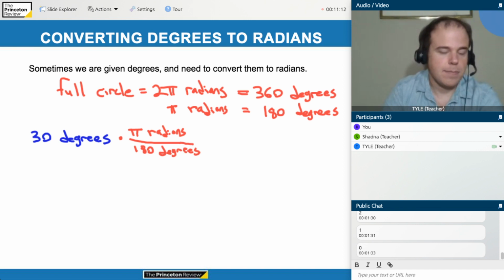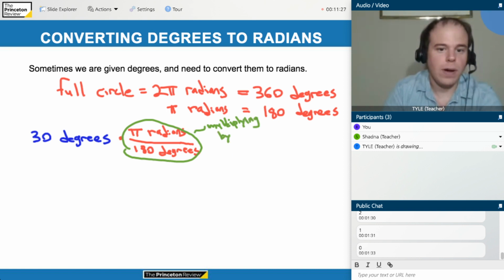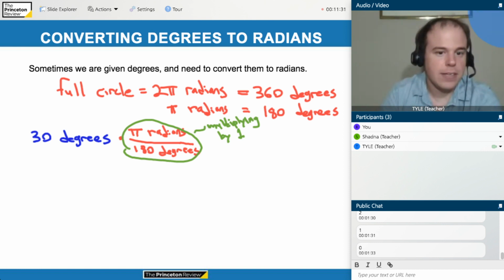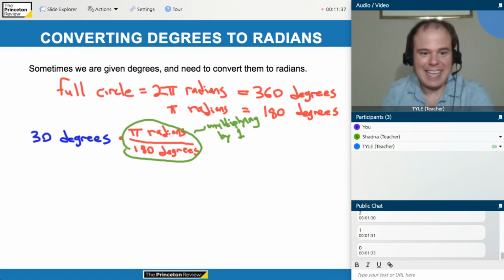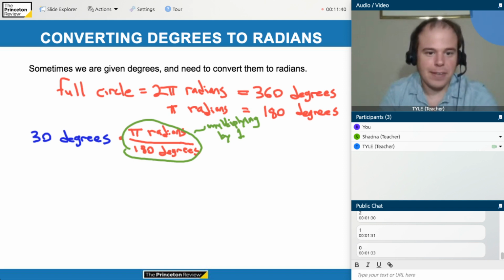Notice that since pi radians equals 180 degrees, when I multiply by this ratio that I've just circled, this is just like multiplying by 1. In fact, this is just multiplying by 1, since the numerator and denominator are equal. So I'm not changing the value of 30 degrees, but multiplying by this ratio will allow me to convert from degrees to radians. I've been careful in putting radians on top and degrees on bottom.